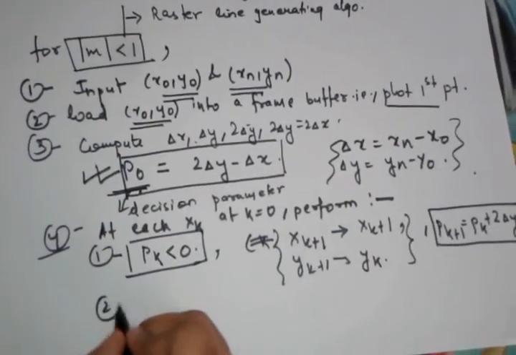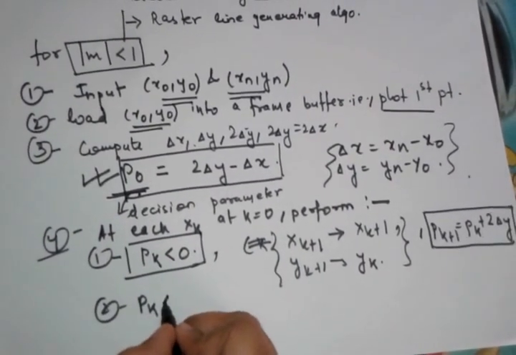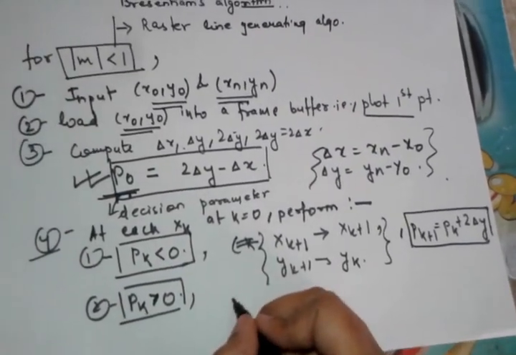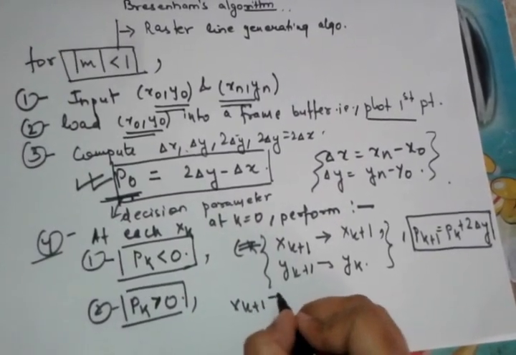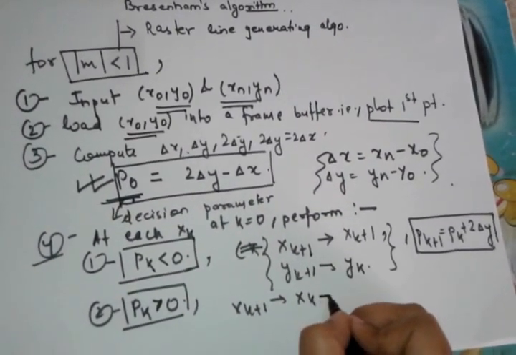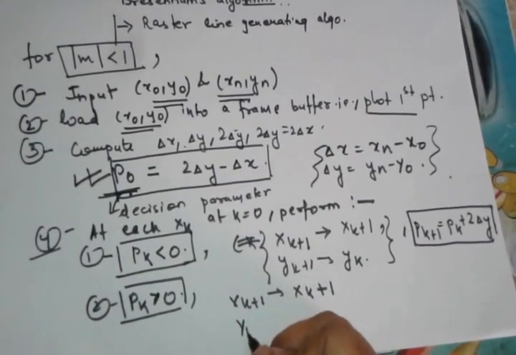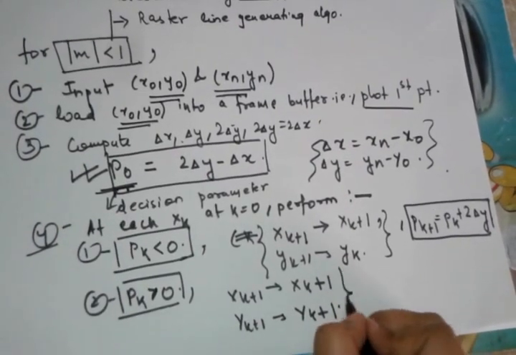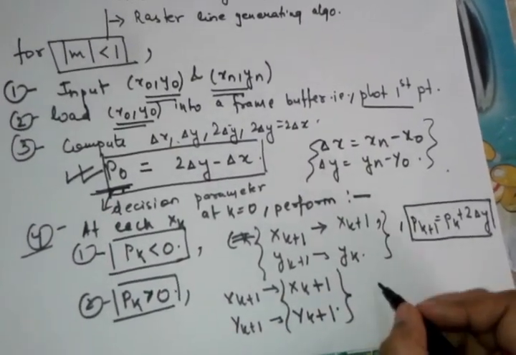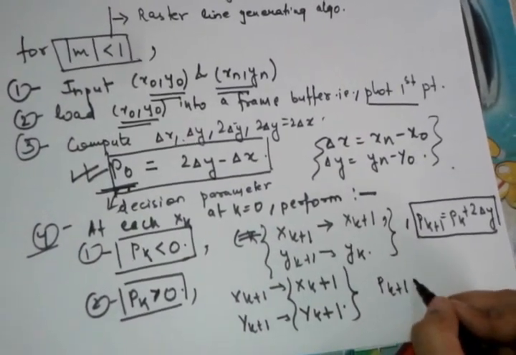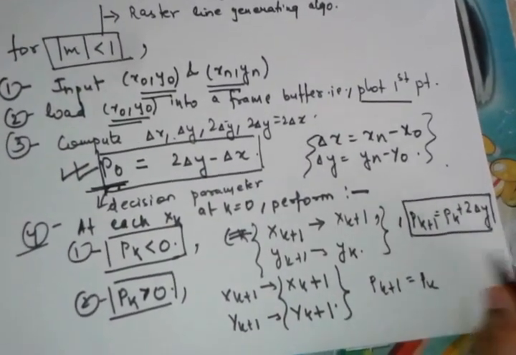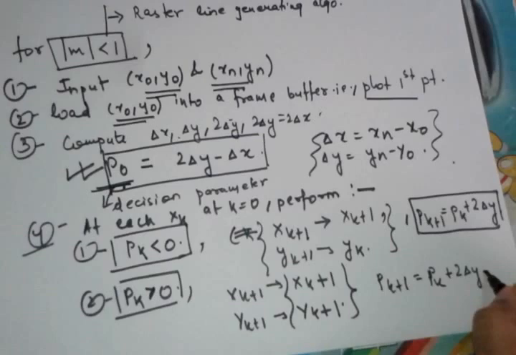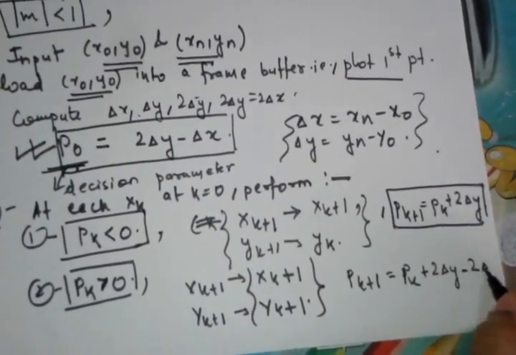The second case is if pk is greater than 0. Then the next x value will be xk plus 1, that is incremented by 1, and the next y value will also increment by 1. The next pk value will be pk plus 2 del y minus 2 del x.